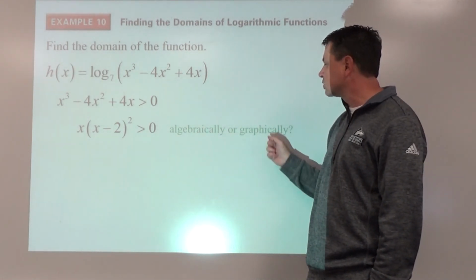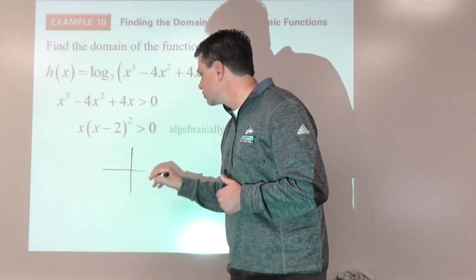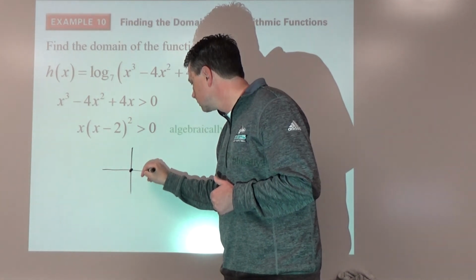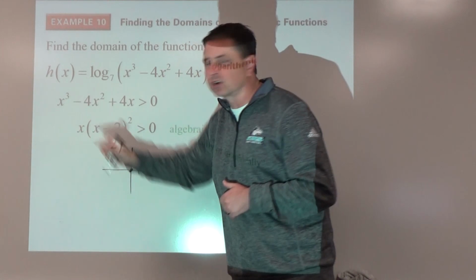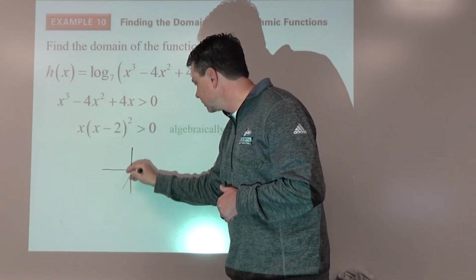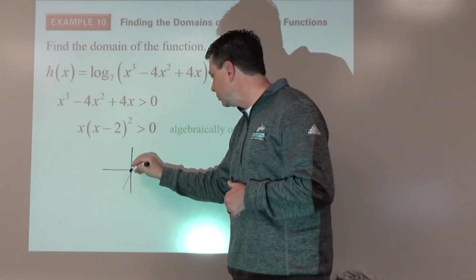We could do that algebraically, or we could do it graphically. Here's our graph. Put our x-intercepts, 0 and 2. It's third degree, so it's going to start low and end high. It's going to cross here, and at 2, because of the multiplicity, it's going to bounce.